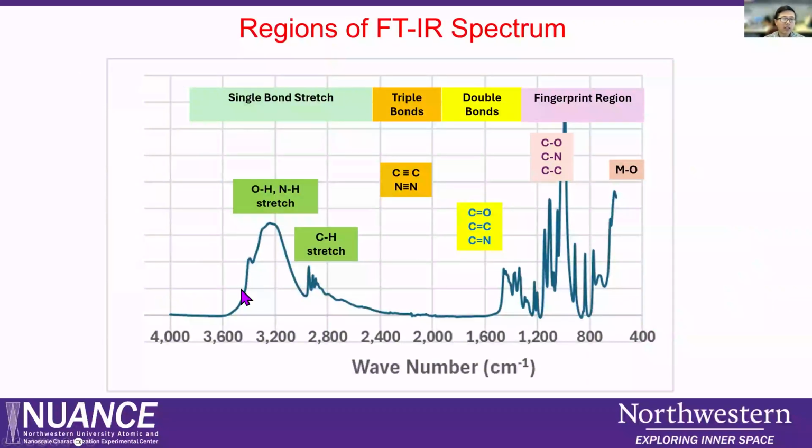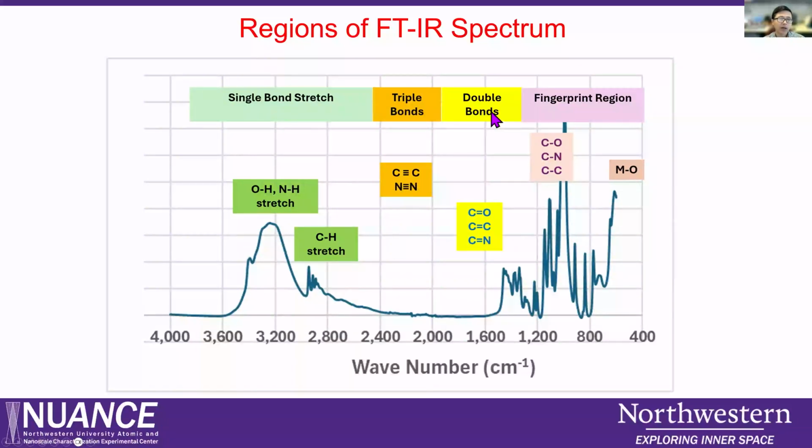So this IR spectrum, you can basically divide into four different regions. This region is called the single bond stretch region, like OH, NH, and carbon-hydrogen, all in this region. This narrow region is the triple bond region, carbon-carbon and nitrogen-nitrogen triple bonds.